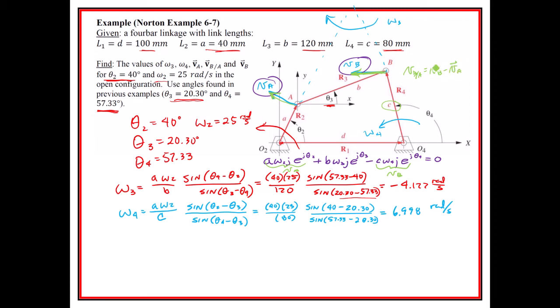That's just the definition of B with respect to A. So we could just rewrite what's below down here, that this is VB with respect to A. Because what we can write is VB is equal to VA plus VB with respect to A.